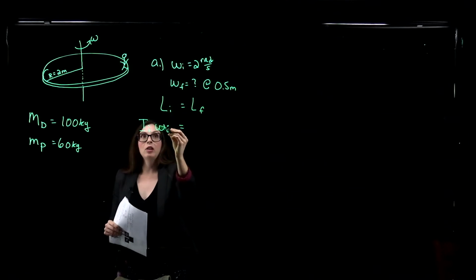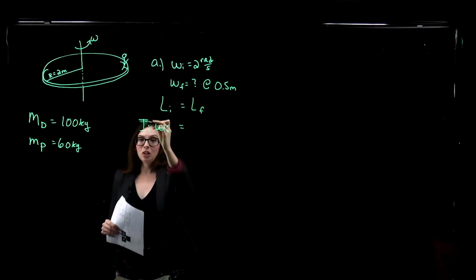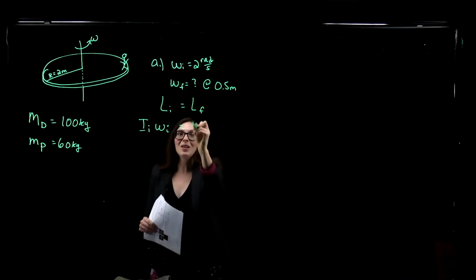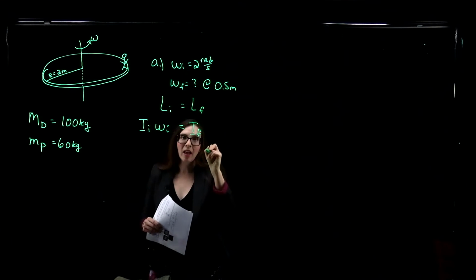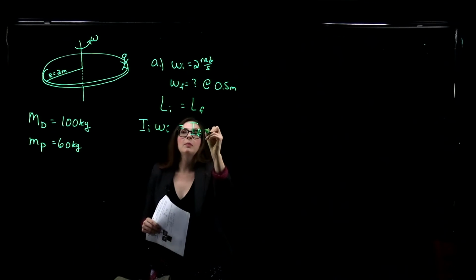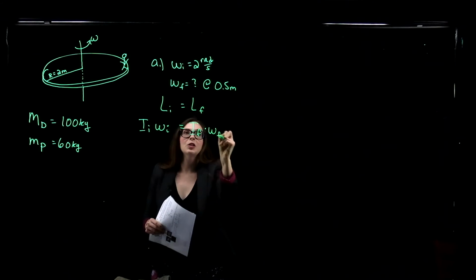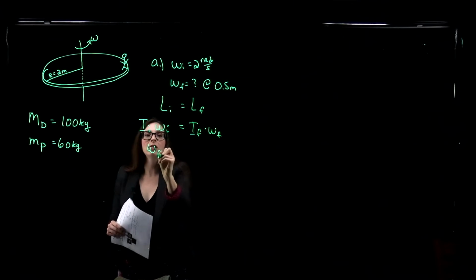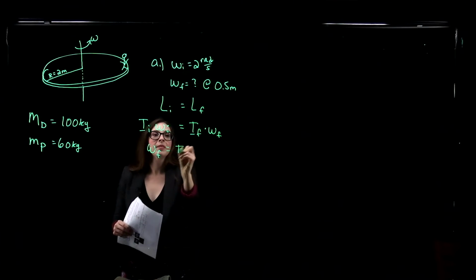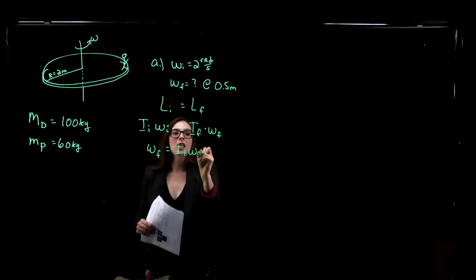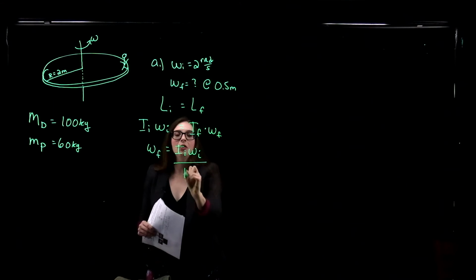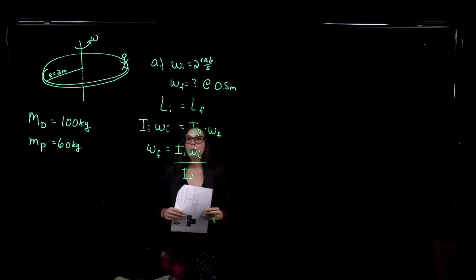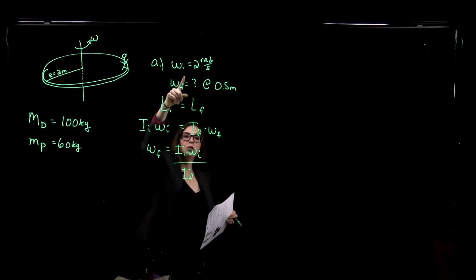So the initial angular momentum we can write as the initial moment of inertia times the initial angular speed equals the final moment of inertia times the final angular speed. And we're trying to solve for omega sub f, so we'll go ahead and do that. Omega sub f is equal to the initial moment of inertia times the initial angular speed over the final moment of inertia. So we know the initial angular speed, 2 radians per second.